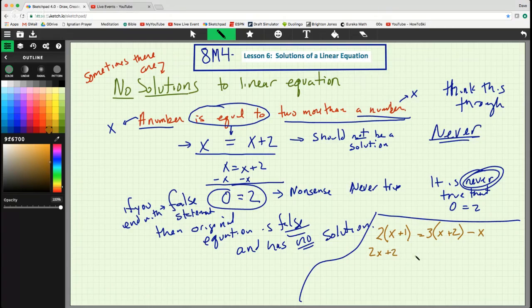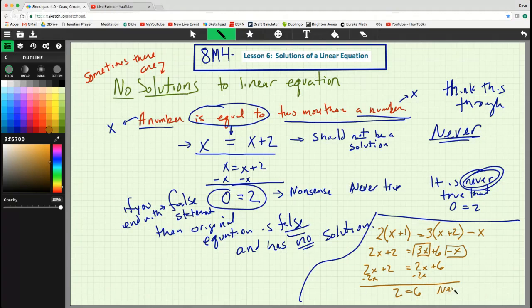2x plus 2 equals 3x plus 6 minus x. I have to combine my like terms on the right side, and I get 2x plus 2 equals 2x plus 6. I subtract 2x from both sides, and I get 2 equals 6.